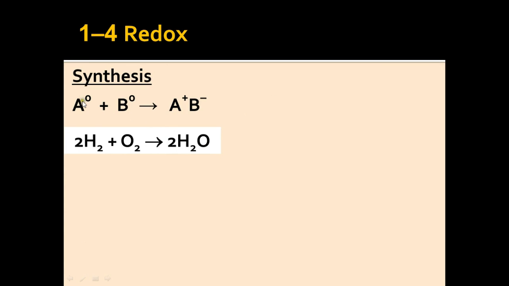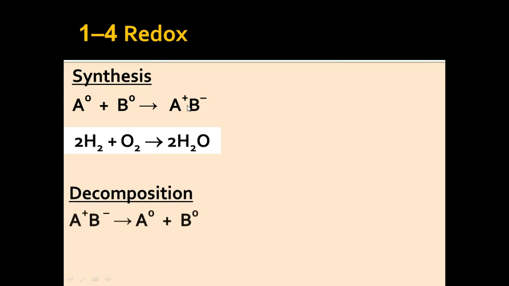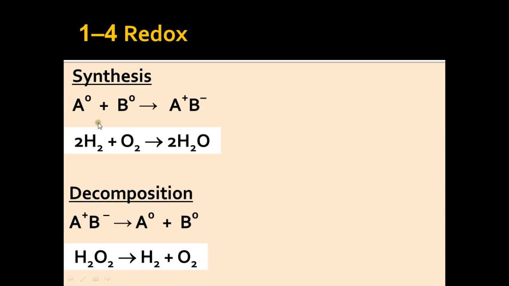Here we have a neutral charge, but then we have charges when they bond together, because when atoms form octets, they change their charges as they give away or lose electrons. Synthesis is definitely a redox reaction because the charges change from neutral to charged. Then we have decomposition, which goes from charged to neutral.